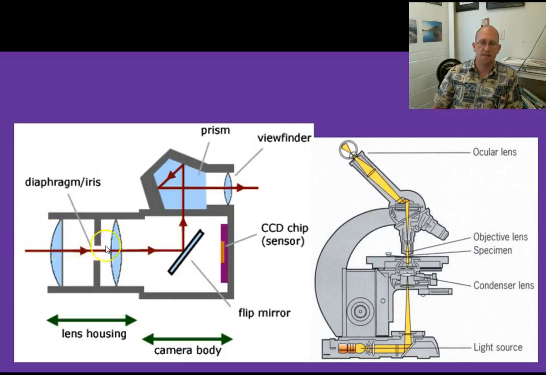Cameras, 2 lenses, and they will focus an image through a mirror and a prism and back to your eye. And when this mirror moves out of the way, then the image that is being focused by these 2 lenses is picked up by the film in the old school, or by a light sensing chip that captures the image and makes a picture of it.